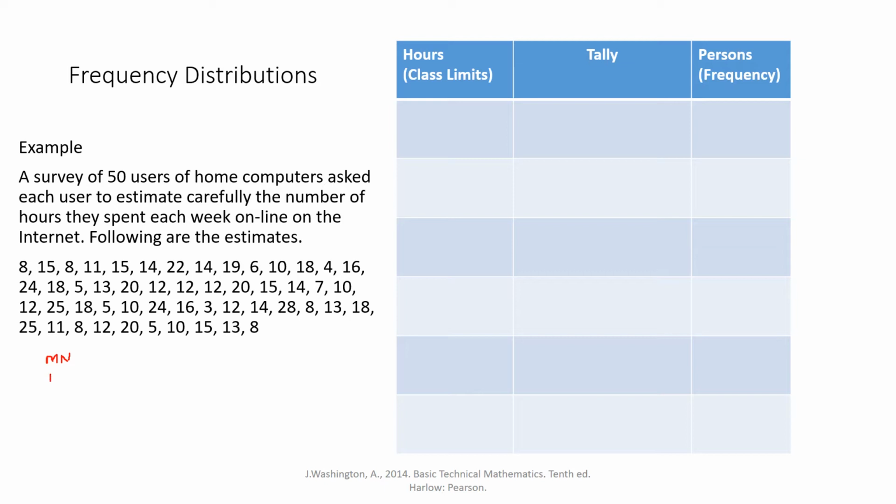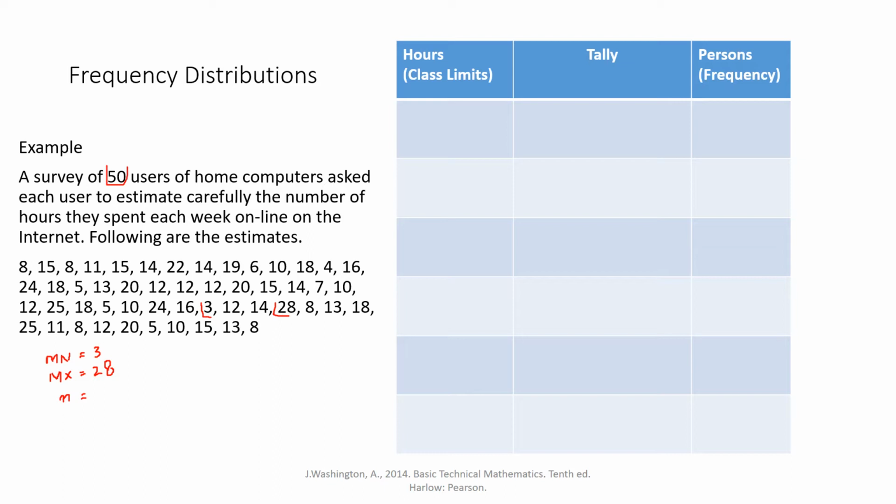And what do we mean by N? If you see the data, I think 3 is the minimum number, the max number is 28, and N is the number of data.